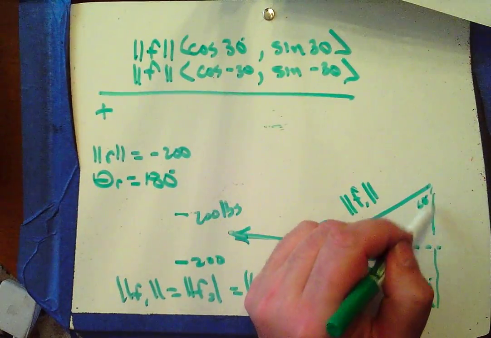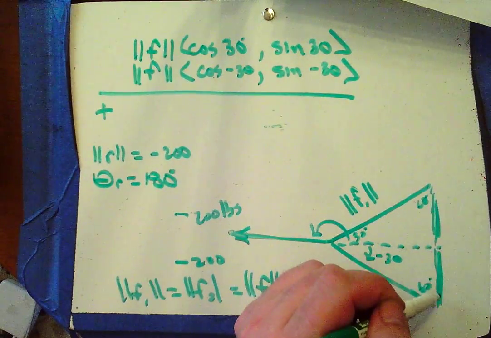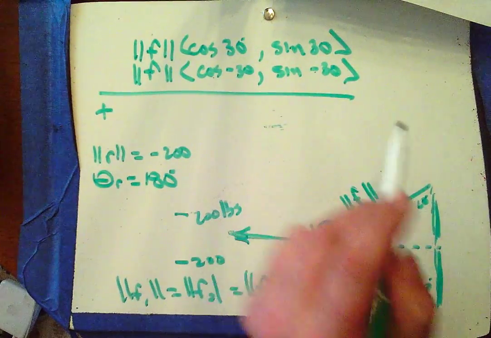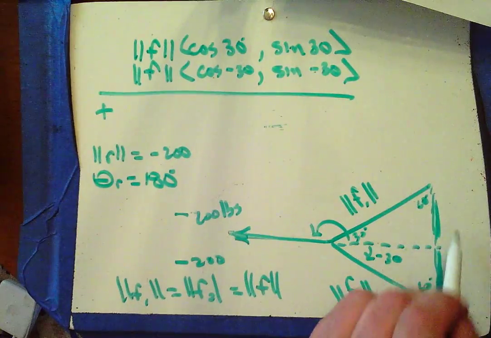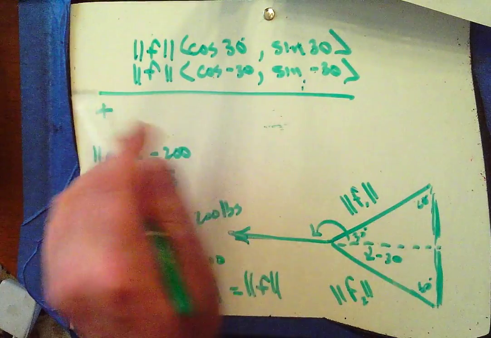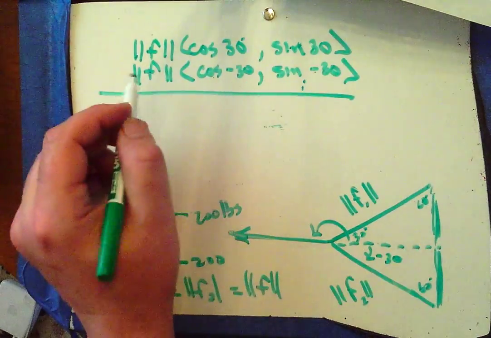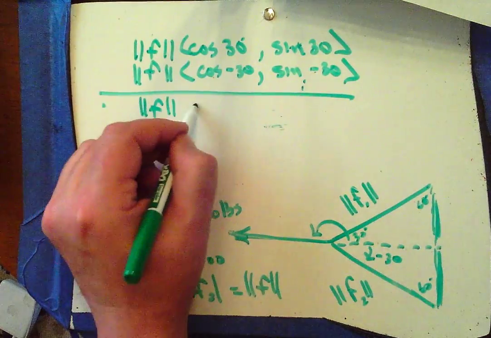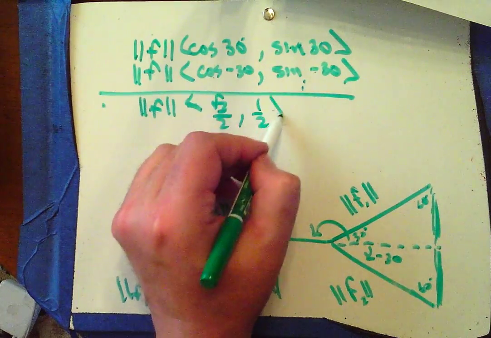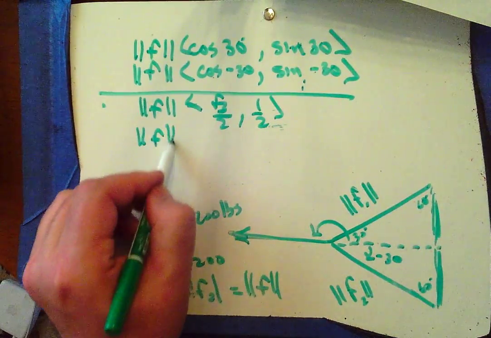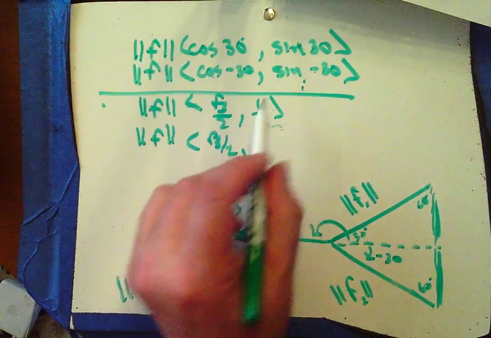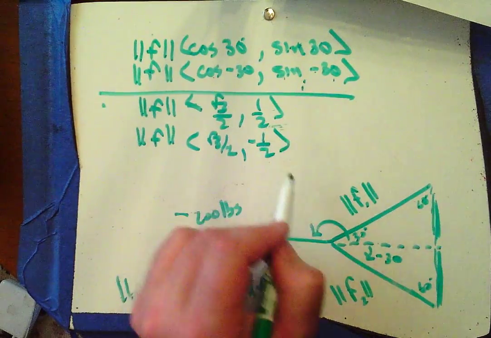Okay, so let's see what we can do here. First of all, here's sine of 30 and here's sine of negative 30. When I multiply force 1 times this and force 1 times this, these are going to be the same amount in opposite directions. And so when I add these together, I'm going to get 0, just heads up. Magnitude of F cosine 30 is root 3 over 2. Sine 30 equals 1/2. But sine of negative 30 is negative 1/2.